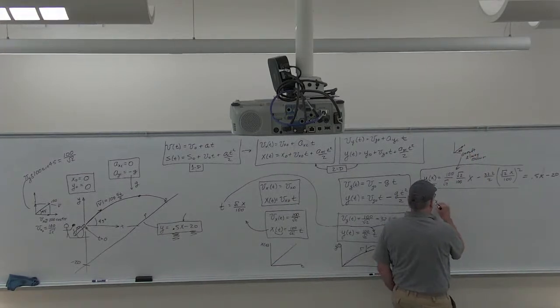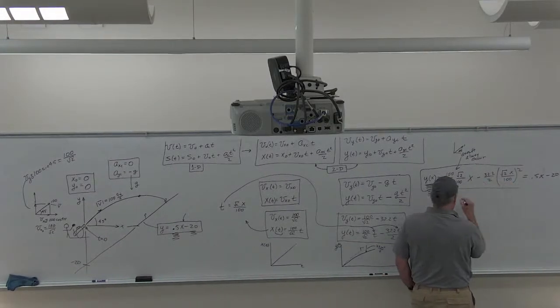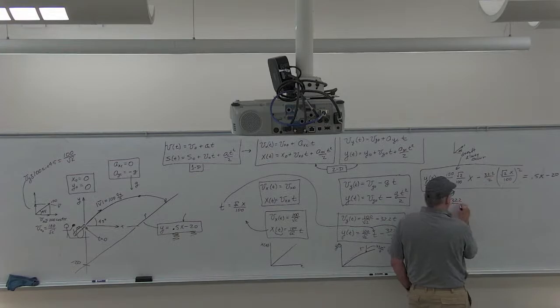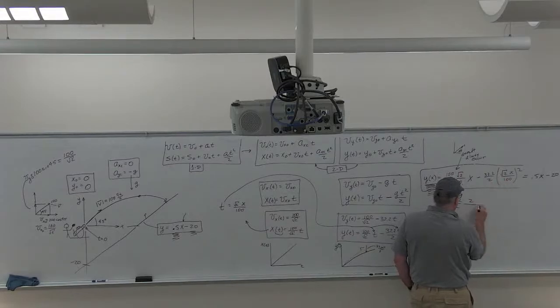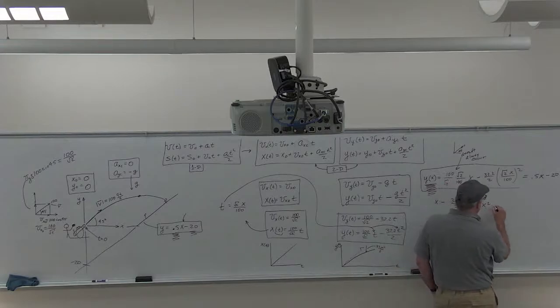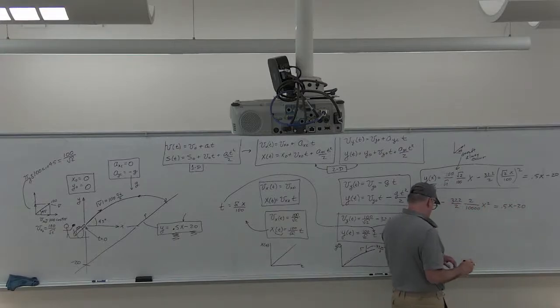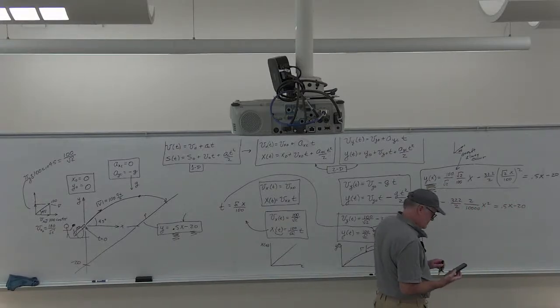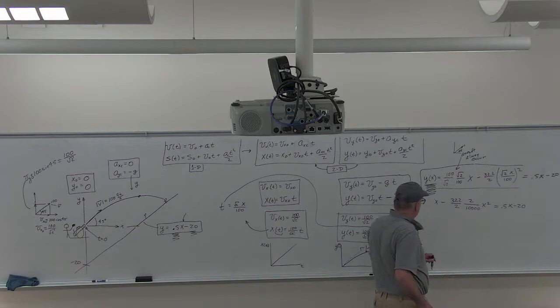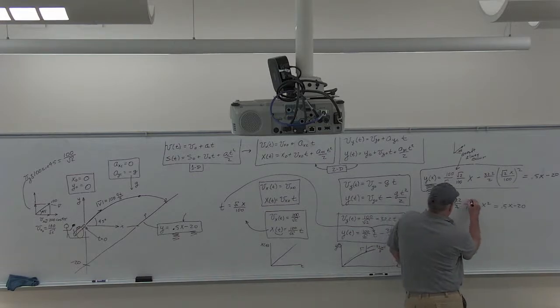So what I get is x minus a bunch of stuff here, which is 32.2 over 2 times that squared, and then x squared equal to 0.5 x minus 20. So the 2's canceled.